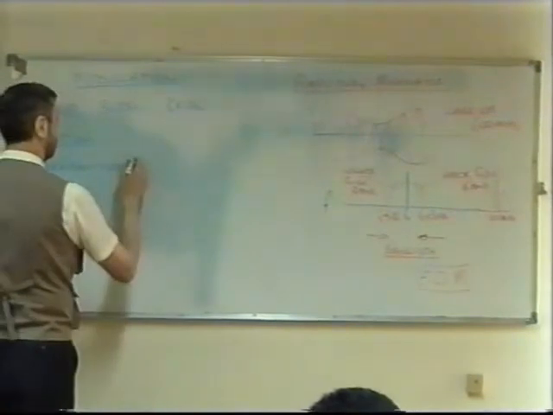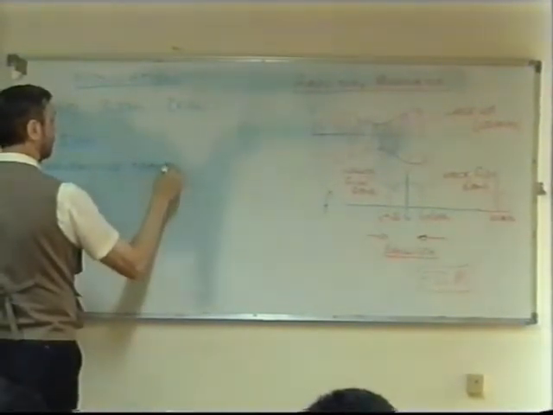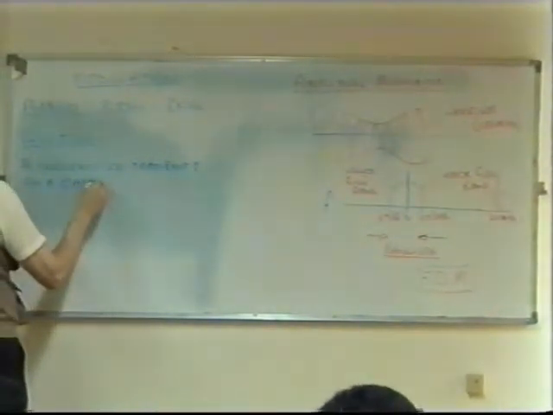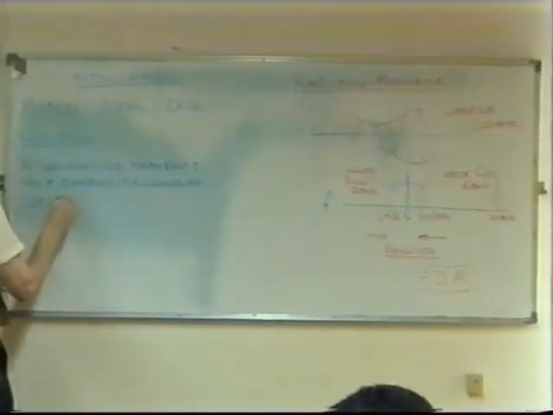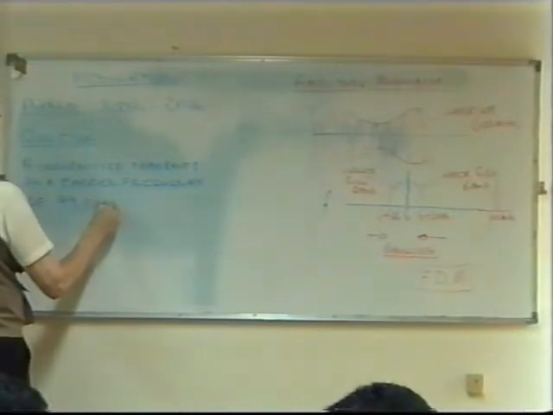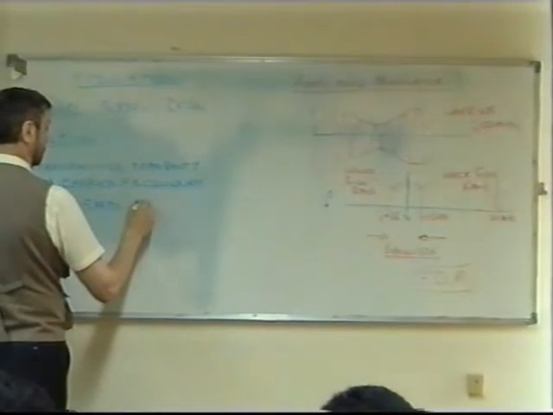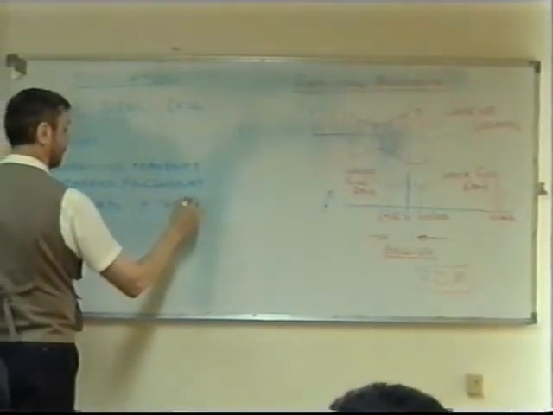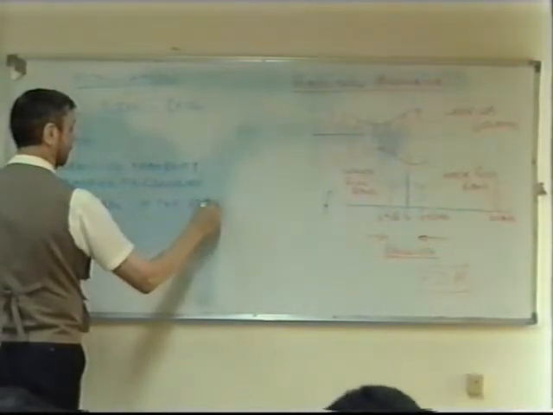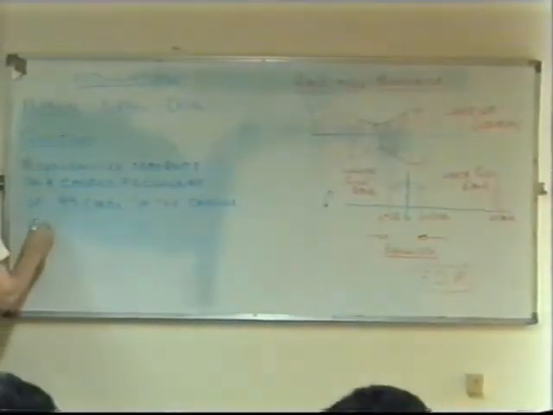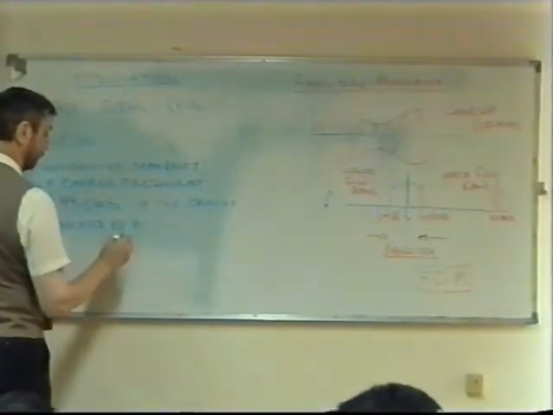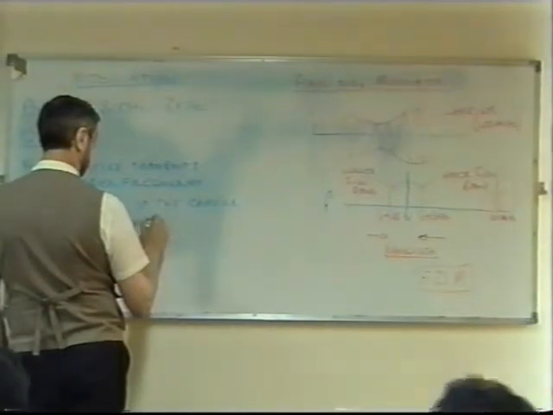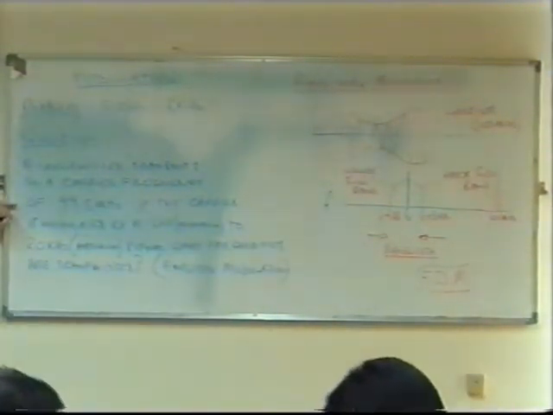Let's say a transmitter is on a carrier frequency of 99.5 megahertz.